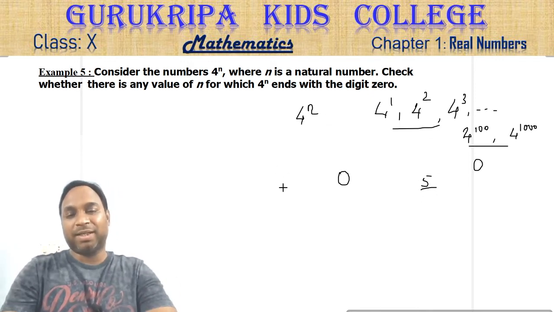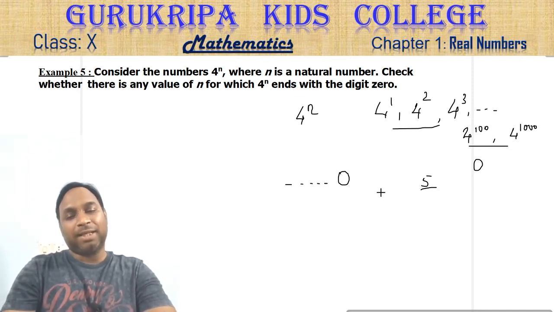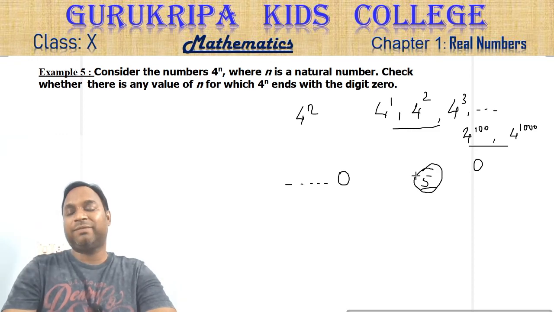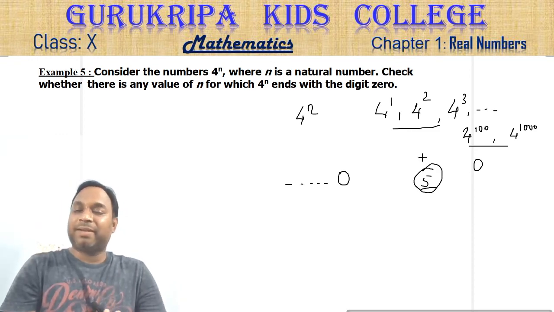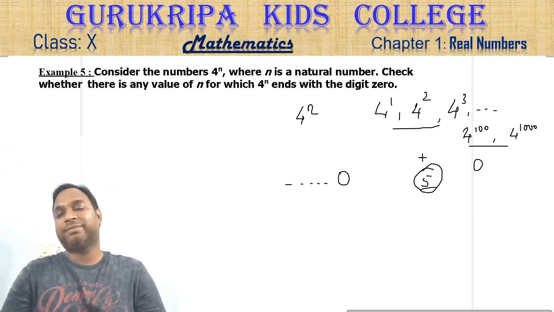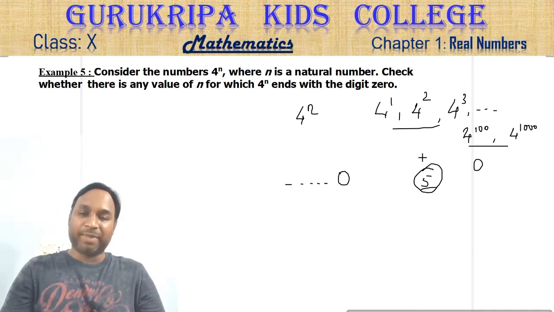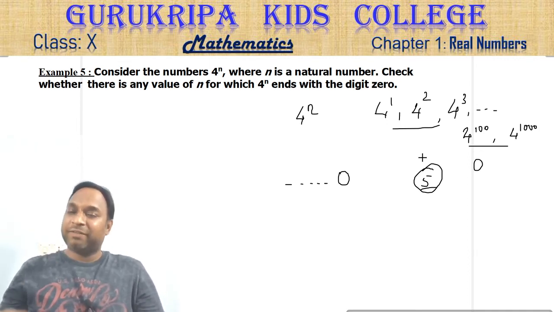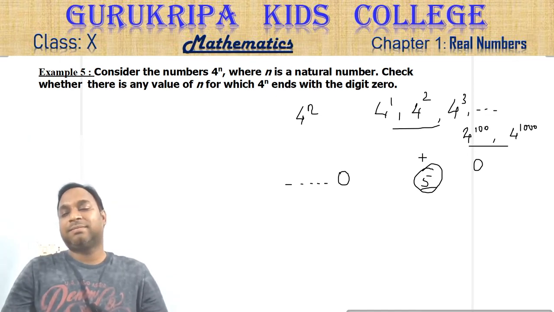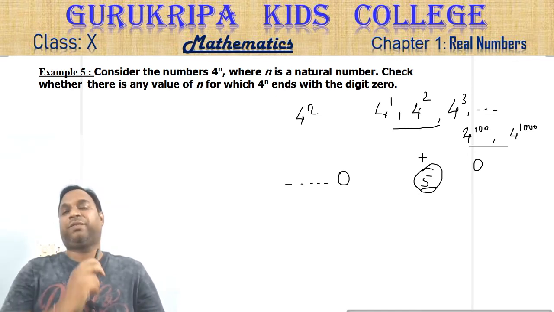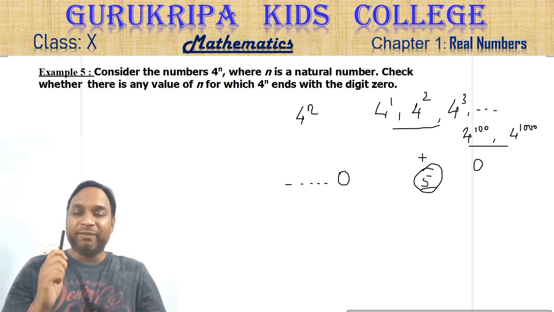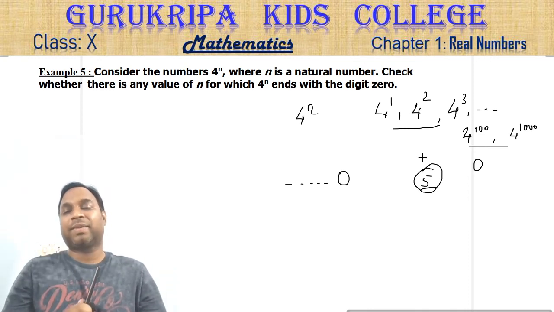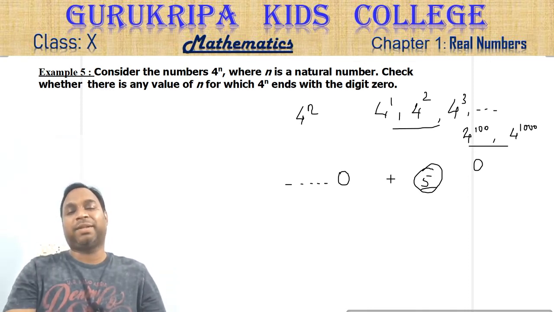If any number is ending in 0, it is a multiple of 5. So its prime factorization will have a 5. If the number is ending in 0, its prime factorization will have at least one 5. Even if there is one 5, that will appear in the prime factorization.